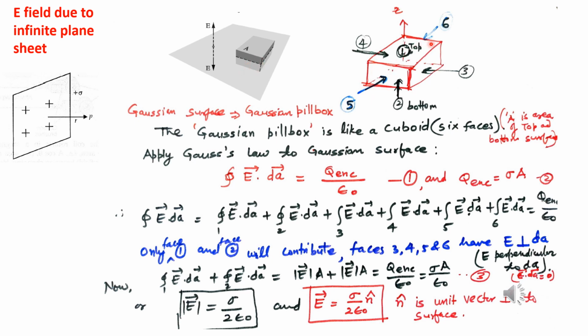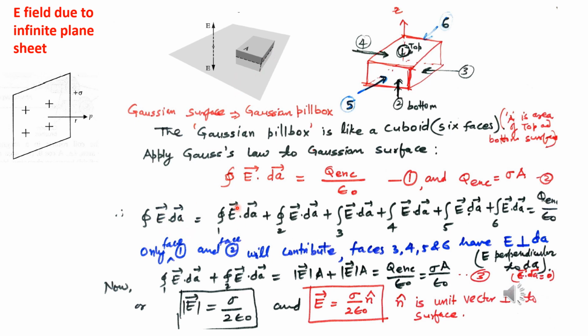It is a cuboid, and the Gaussian pillbox has 6 faces, where A is the area of the top and bottom surface. Then we apply Gauss law to the Gaussian surface: the closed surface integral of E dot dA equals Q enclosed by epsilon naught, where Q enclosed equals sigma into A, because the charge sigma is distributed on this sheet.